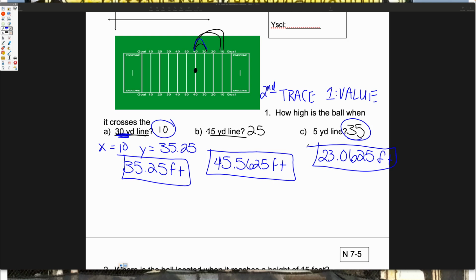So all that's on your calculator. When it gives you the x value, second trace 1, and then you can find the y value.